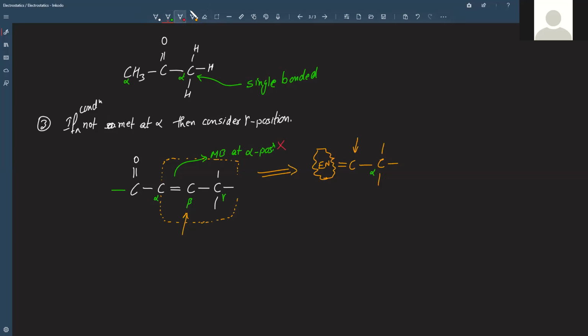So if there is an alpha hydrogen, say H here and H here, so you have alpha hydrogen, you have carbon with a double bond with the electronegative group. So what we say is that in this group this is the gamma position, and in this group it is equivalent to alpha position. So if the condition is not met at alpha position, then we have to consider the gamma position.